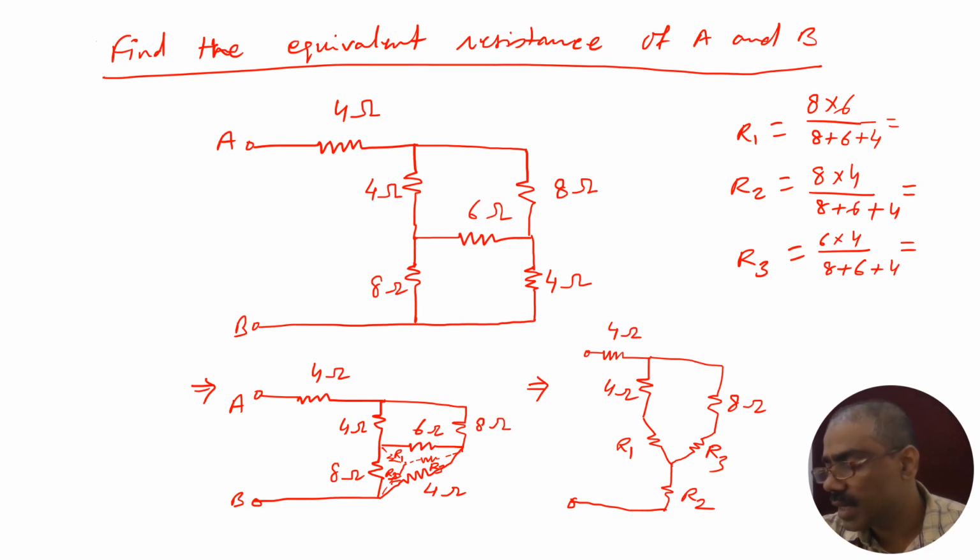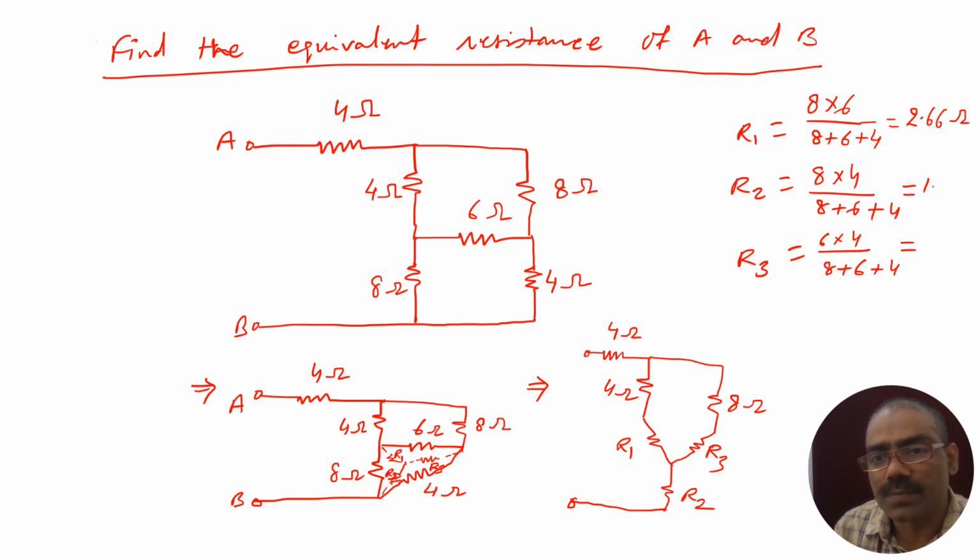So here I have calculated directly, and we got 2.66 ohm resistance. Similarly, for R2 here we are getting 1.77 ohm resistance, and for R3 here we are getting 1.33 ohm resistance. So easily I can write the value of R2, here R3 value, and here R1 value.